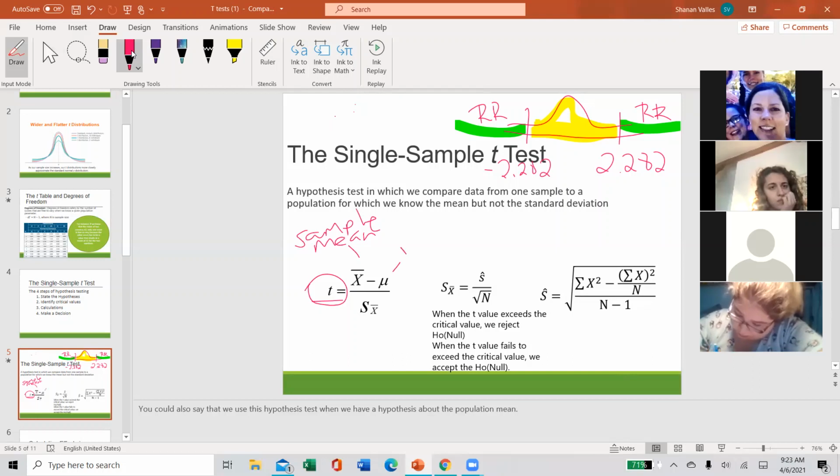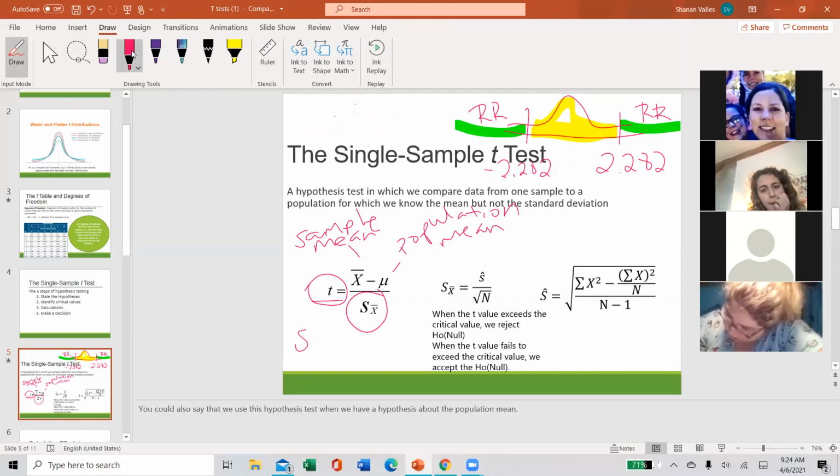This is going to be the population mean. This will have to be given to us. There's no way we would be able to find this. It will be given to you. It will be in the word problem somewhere. So the population mean. And then this right here, this is our standard error.